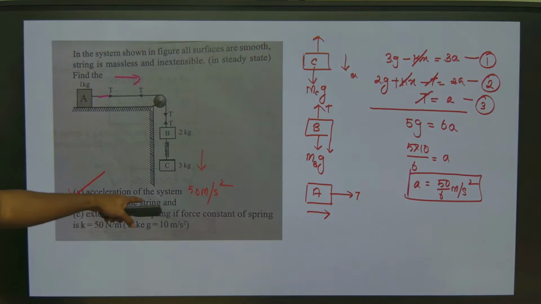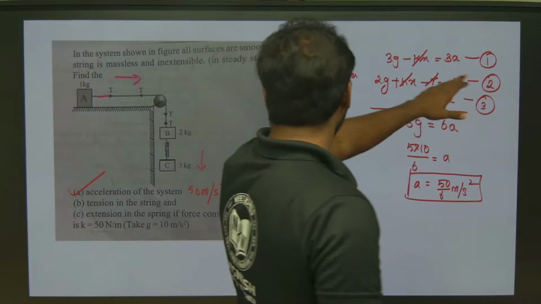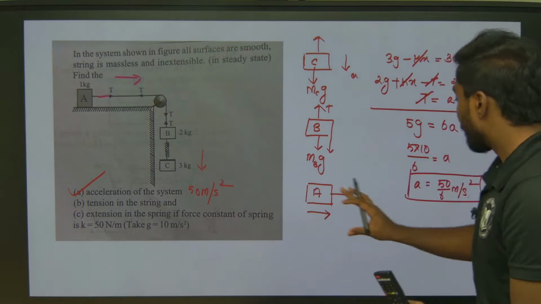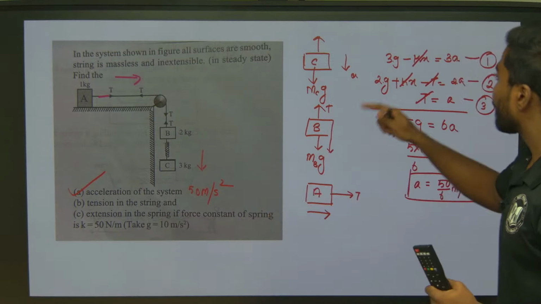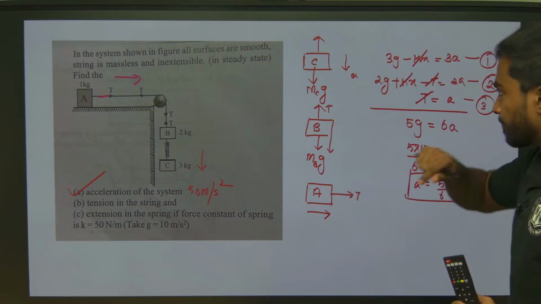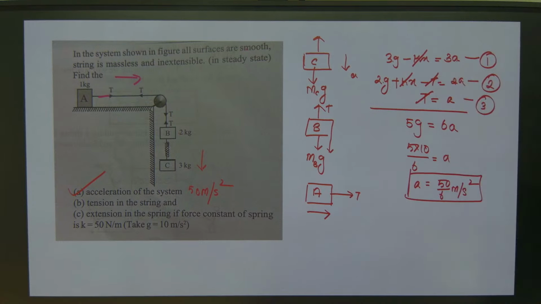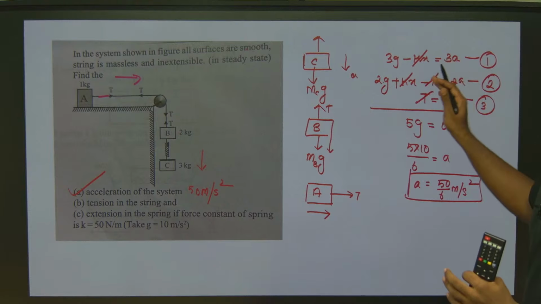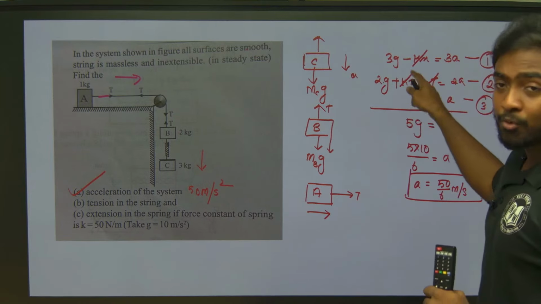Now they are asking the tension in the string. I got the acceleration first, and I need to find the tension. I can use any of the equations. The first equation has only kx, the spring force. The second equation has spring force and tension.